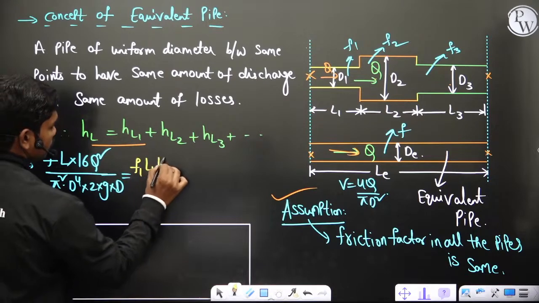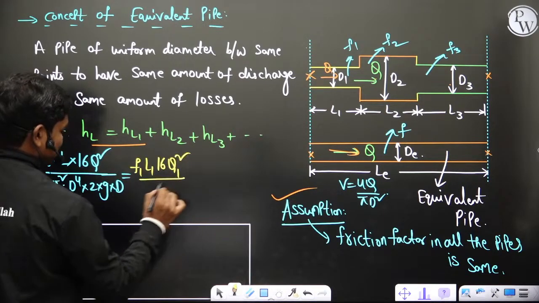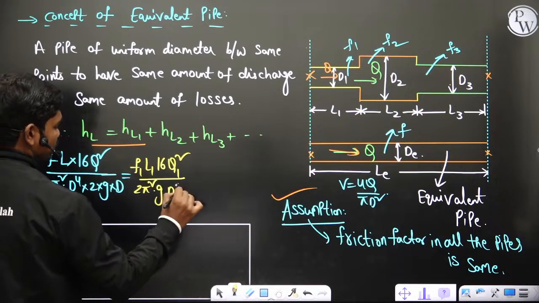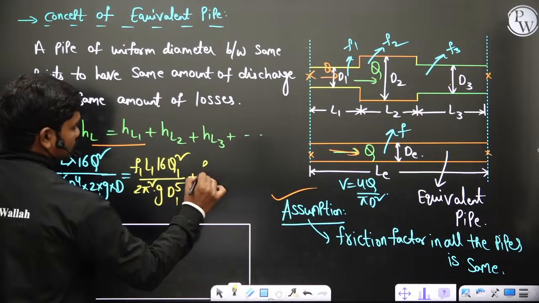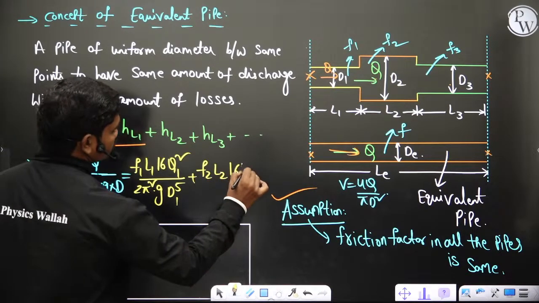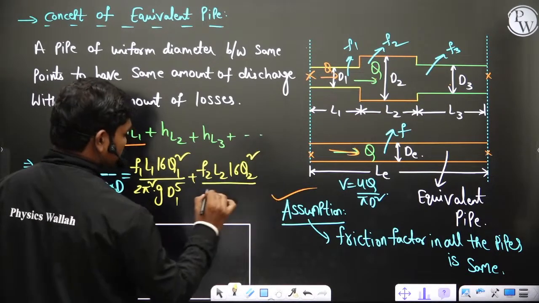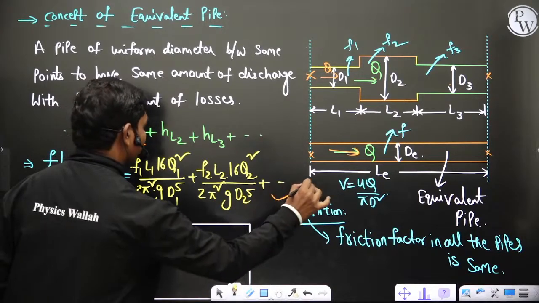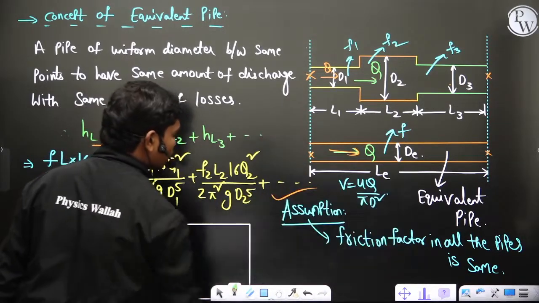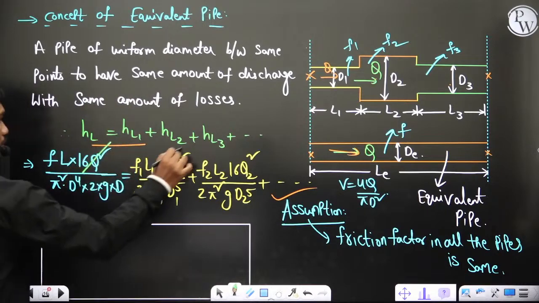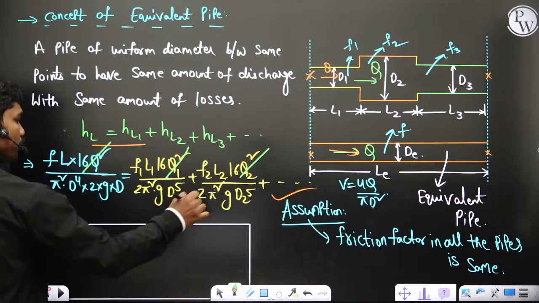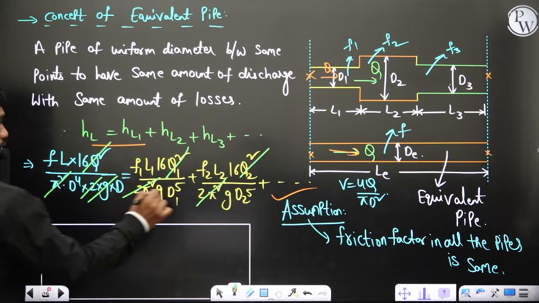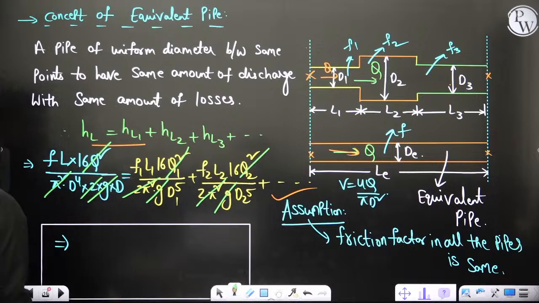F1 L1 16 Q1 square by 2 pi square G D1 power 5 plus F2 L2 16 Q2 square by 2 pi square G D2 power 5 plus and so on. Okay, you can write. Now clearly the discharge flowing in all the pipes has to be same. So Q square cancels out all over. 2 pi square is constant in every term. Then G is also constant. 16 can be eliminated.